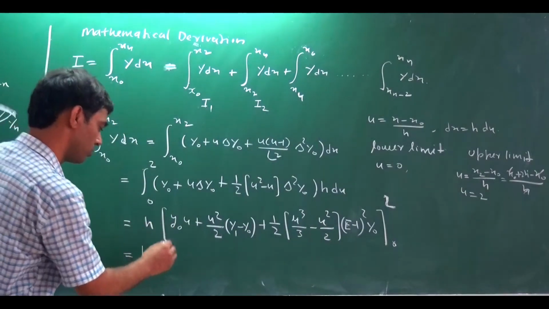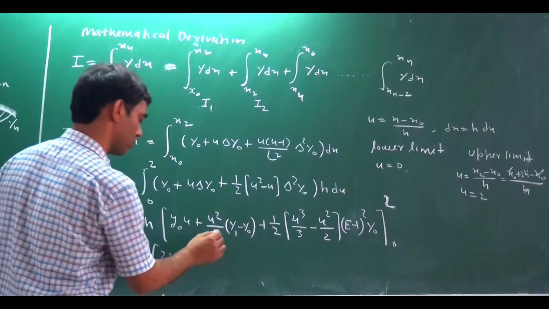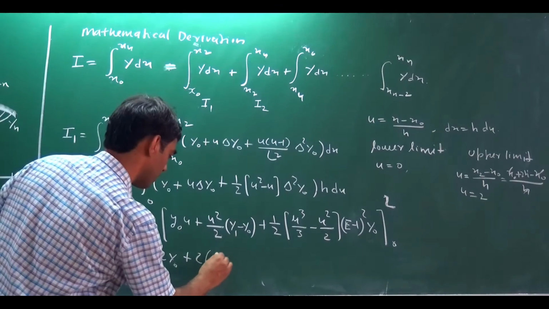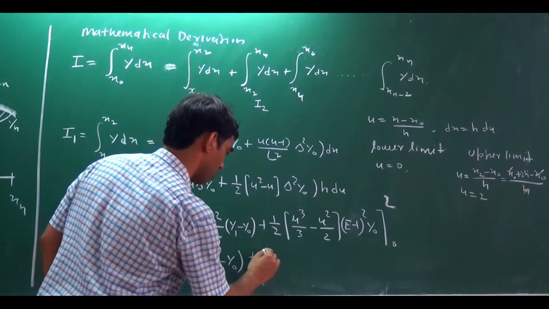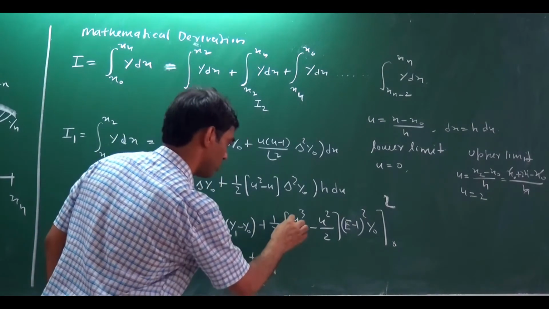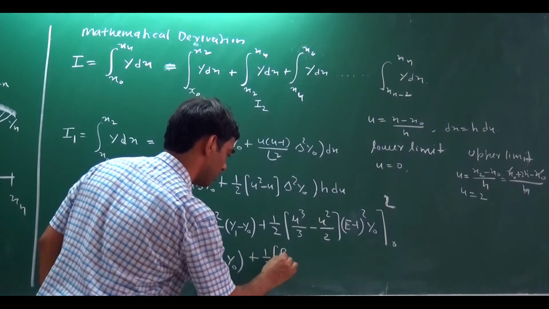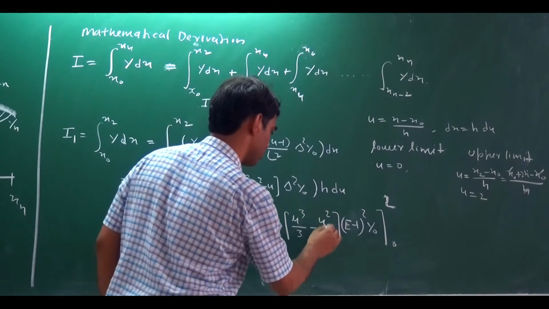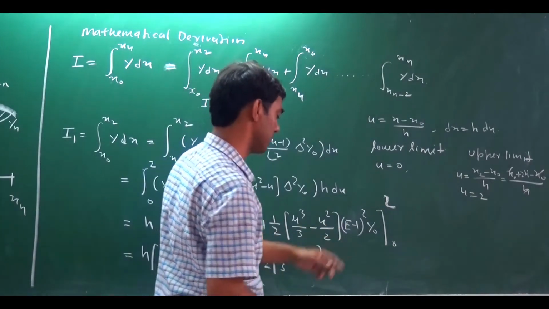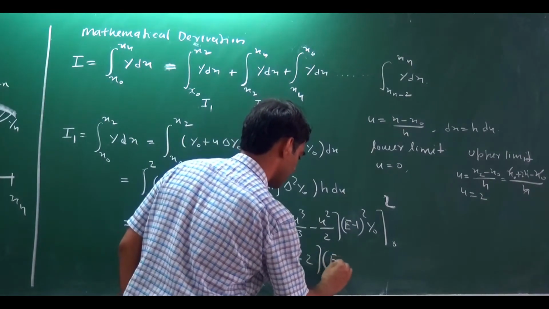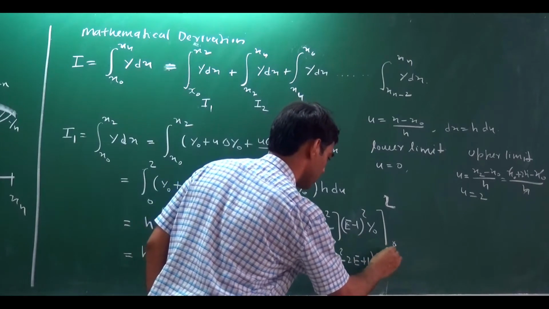So putting u equal to 2: 2y0 plus 2 twos are 4 by 2, this is 2, times y1 minus y0, plus 1 by 2 times 2 cubed is 8 by 3 minus 2 twos are 4 by 2, this is 2, times E minus 1 whole square, which becomes E square minus 2E plus 1, y0.